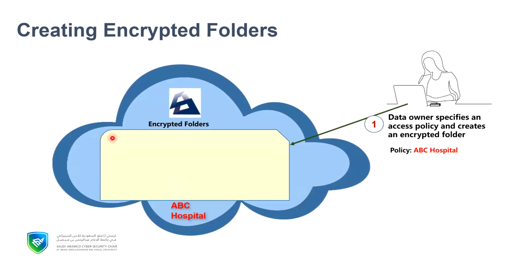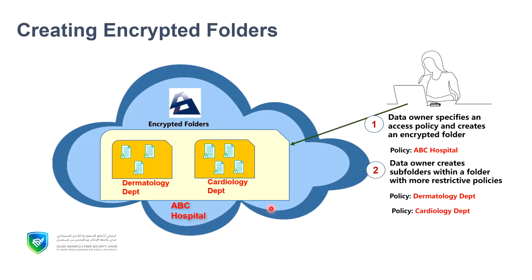So we encrypt by folder. For example, this folder, the big yellow rectangular box, has the access policy ABC Hospital. So ABC Hospital is the access policy of every file in this big folder. As long as you have the attribute ABC Hospital, you can access the folder and perform decryption.